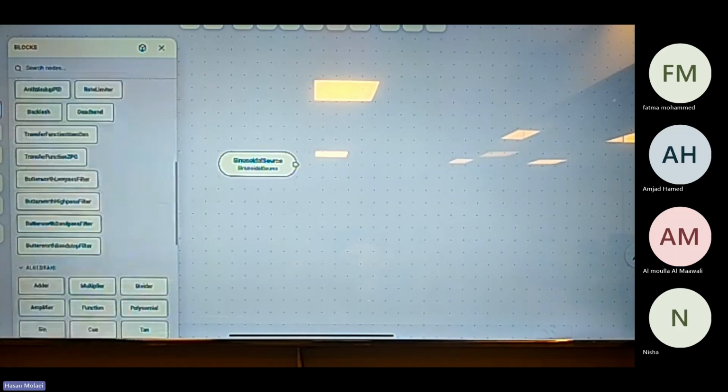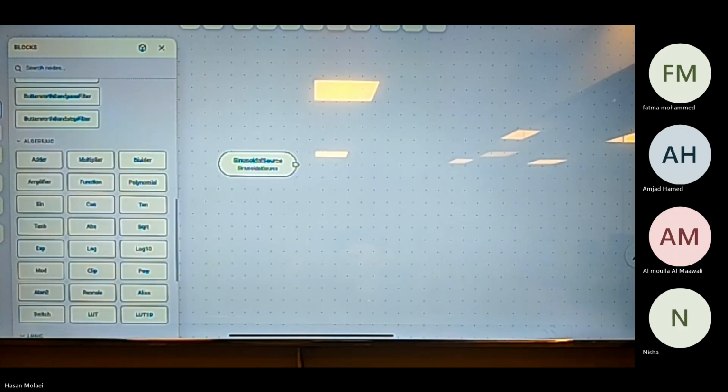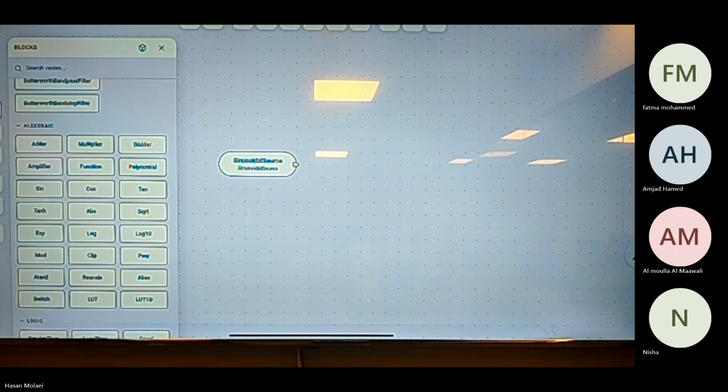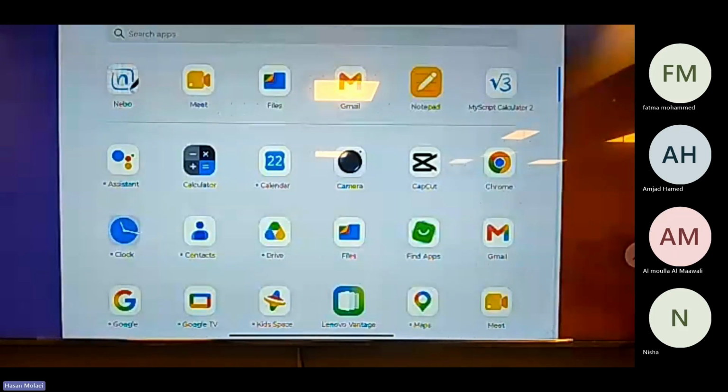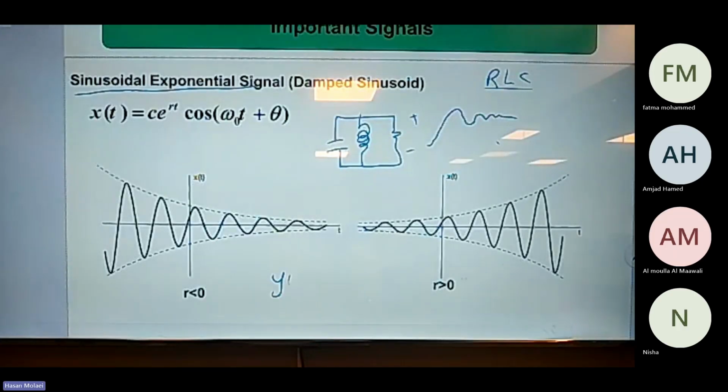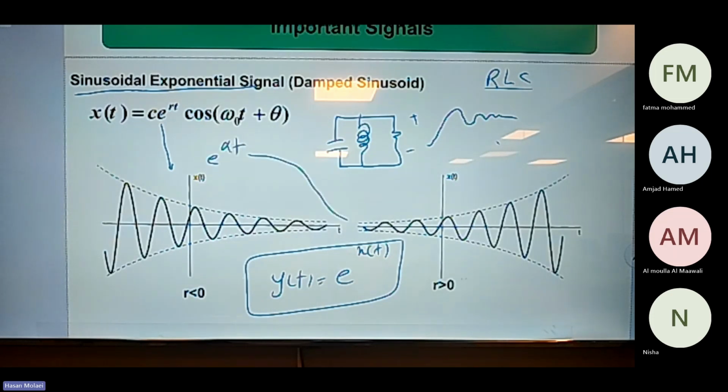But it has one exponential, where it gets one input and the output is the exponential of it, which means the output is e to the power of the input. But this one is e to the power of alpha t, not x. How can I generate t?